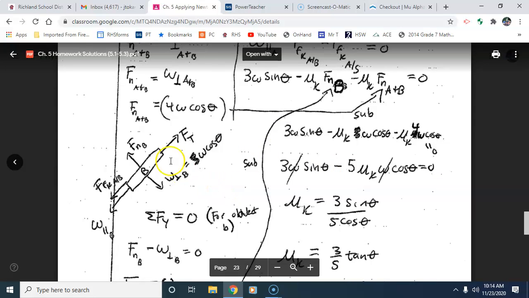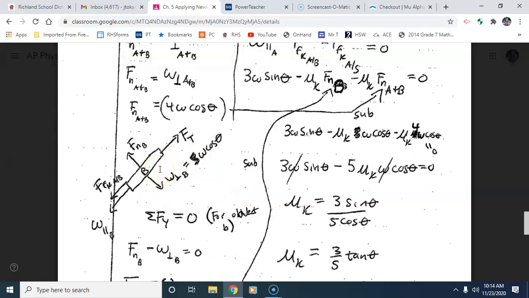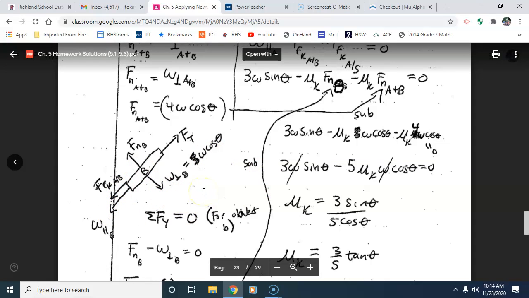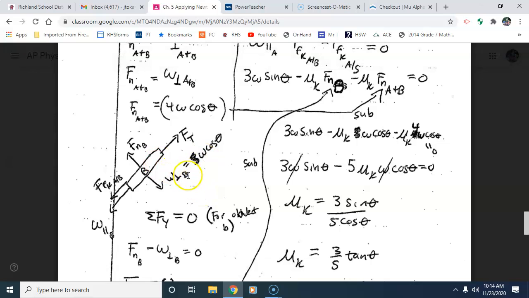I actually did do a free body diagram right here, even though it didn't ask, just for block B, just to confirm that the perpendicular component of it would balance out with this one.